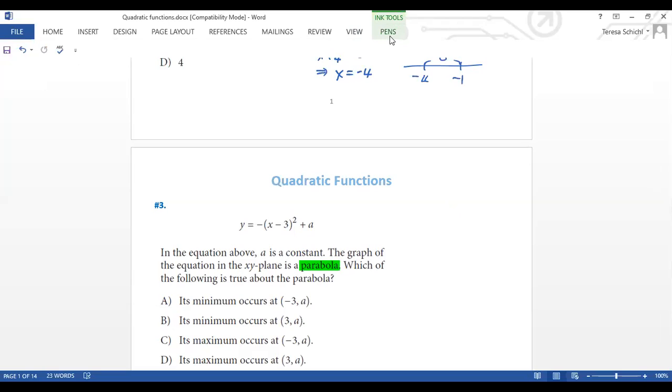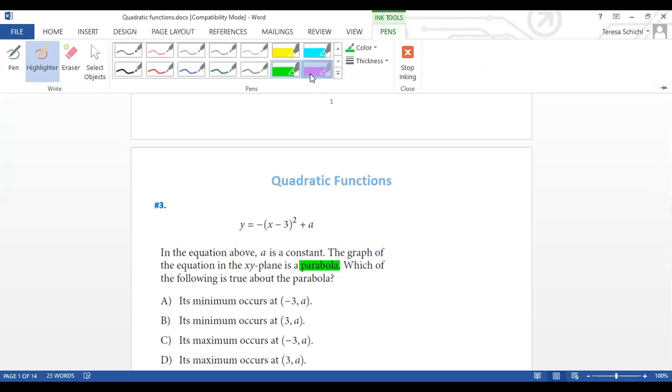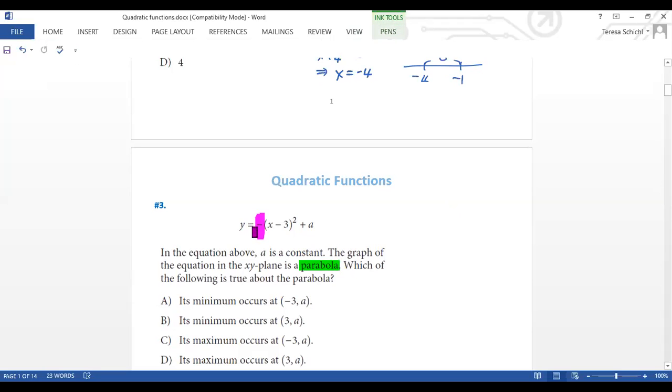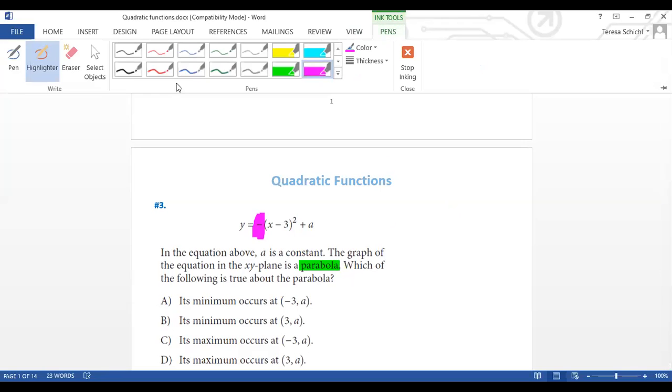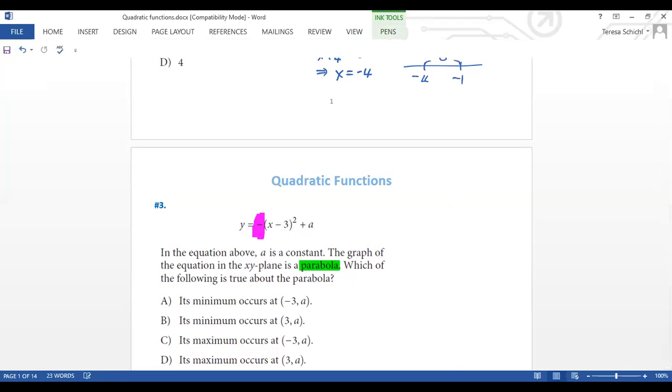The first thing you say is, oh, this is vertex form, right? And I have one thing: this one is negative. So we immediately know that if it's negative, is it going up or going down? This parabola is going to open downward, right?